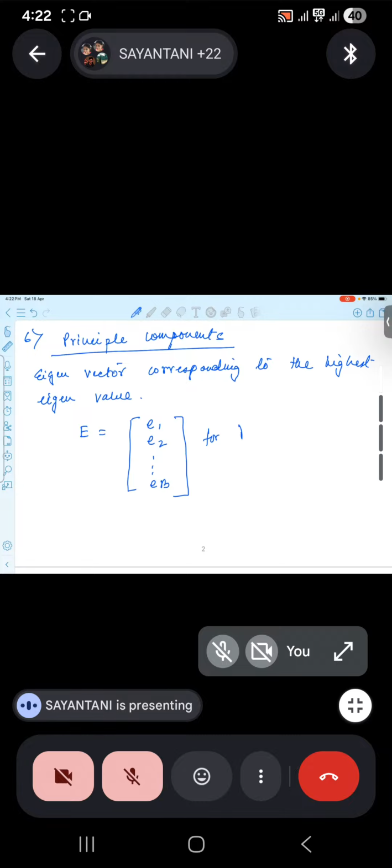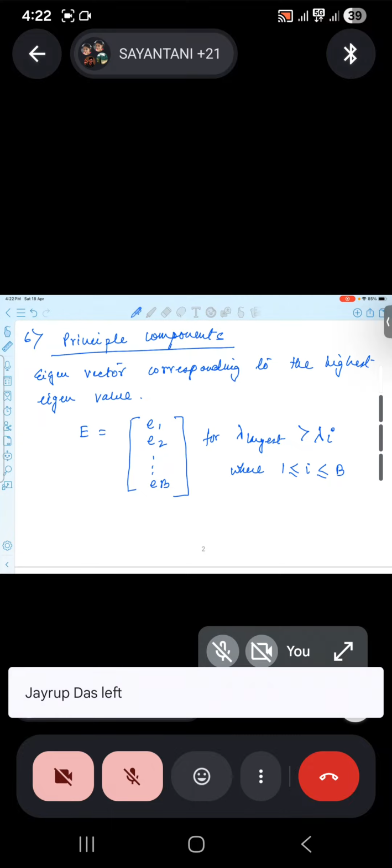So this is for lambda largest greater than lambda I, where of course I lies between 1 to b, because we have b number of features. So you're retaining the eigenvector corresponding to the largest eigenvalue.